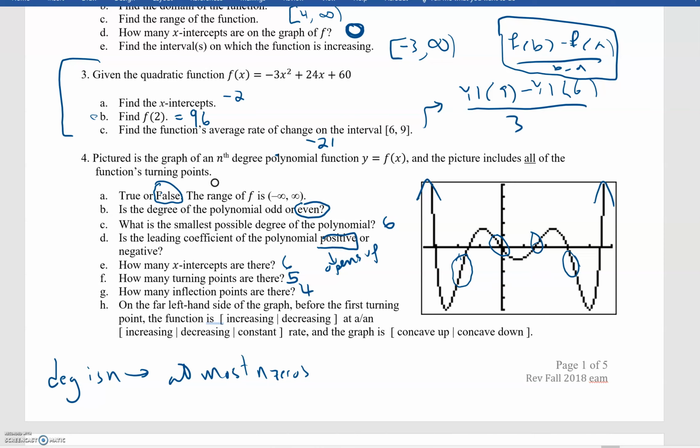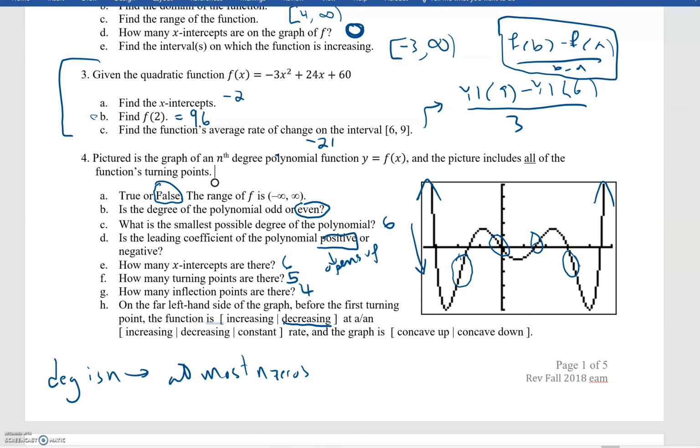Part H, on the far left-hand side of the graph, before the first turning point, so that means like over here, the function is doing what at what kind of rate? Well, it is decreasing. It's going down because remember, we read left to right. So this is going downwards as we move left to right. And it's going downwards at what kind of rate?